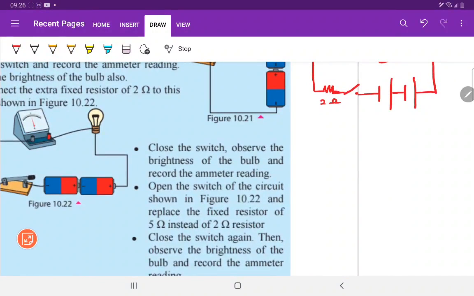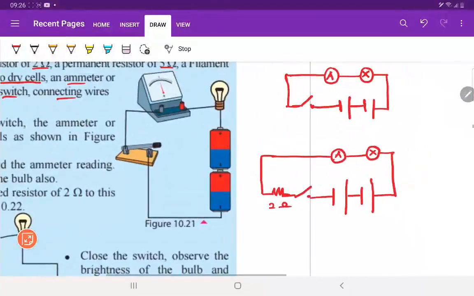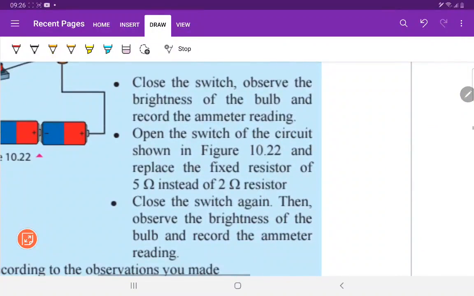Close the switch and observe the brightness of the bulb and record the ammeter reading. If you record the ammeter reading, it will show the electric current flowing through this circuit. After that, open the switch of the circuit shown in figure 10.22 and replace the fixed resistor of 2 ohm with 5 ohm.